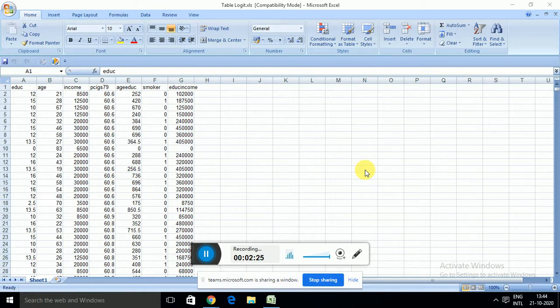The null hypothesis is beta is equal to 0, and the alternate depends upon whether we are going for a one tail or two tail test. If we are doing a one tail test, beta can be greater than 0 or less than 0. And if we are going for a two tail test, we are saying that beta is not equal to 0.